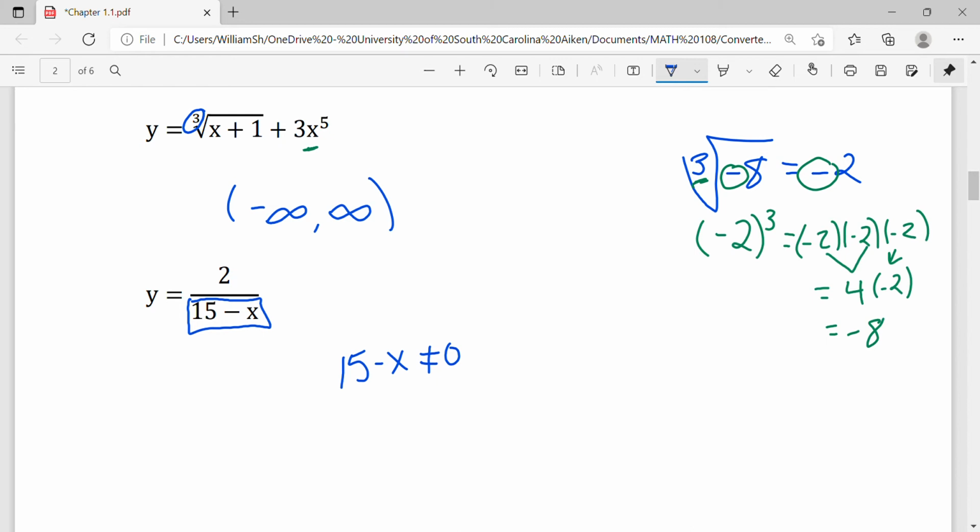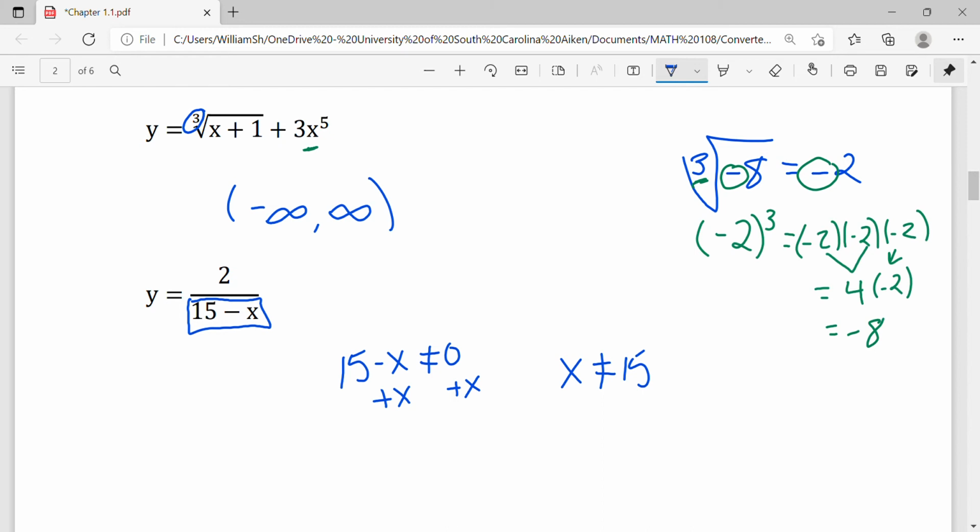If we let it equal 0, then we wind up with something that's undefined, and that's going to be an issue. So 15 minus x can't be 0. If I add x to the other side, I see that x cannot equal 15. So as long as x doesn't equal 15, I'm not going to have any problems with our equation here.